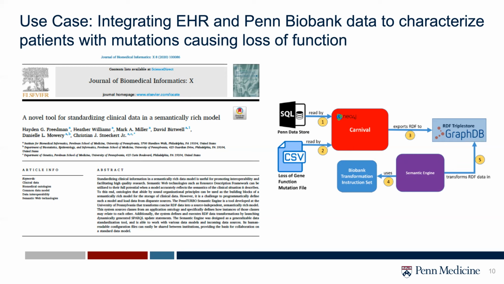The data are then stored in GraphDB, that you see here is the RDF triple store, where the data are enriched by the semantic engine using a transformation instruction set, which provides the specification for storage in GraphDB. The semantic engine interacts with GraphDB and the biobank transformation instruction set. This instruction set ensures that the data coming from heterogeneous data sources can be processed and represented identically in GraphDB.